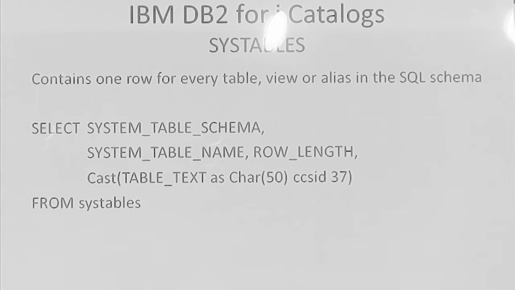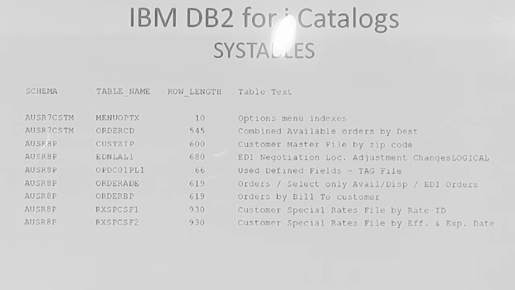Then you come back and say, oh, I've got to cast the table text if I want to read it. In some applications you may not even need the table text. You just want to know how long that row is. In that case, you don't need it. And you would get something like that from that statement. I'd only selected just these columns, and you can see the second one down, row length is 545 characters, and there's a text for it.